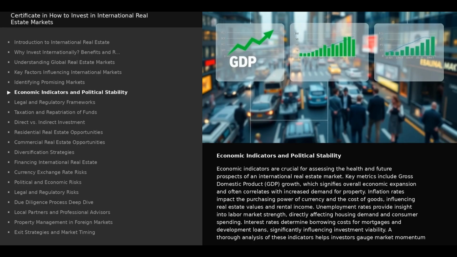Unemployment rates provide insight into labor market strength, directly affecting housing demand and consumer spending. Interest rates determine borrowing costs for mortgages and development loans, significantly influencing investment viability. A thorough analysis of these indicators helps investors gauge market momentum and potential returns. Understanding these trends is vital for long-term planning.